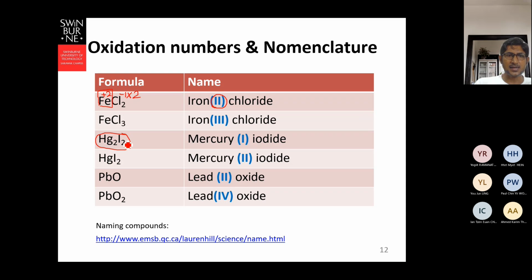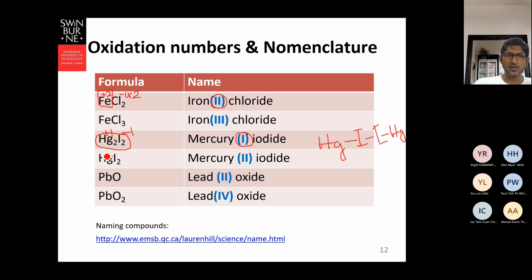So mercury iodide here: mercury and then iodine, and then again mercury and iodine. That means 1:1, one mercury, one iodine, one mercury, one iodine. So the oxidation state is +1 and -1, so it is only one oxidation state.